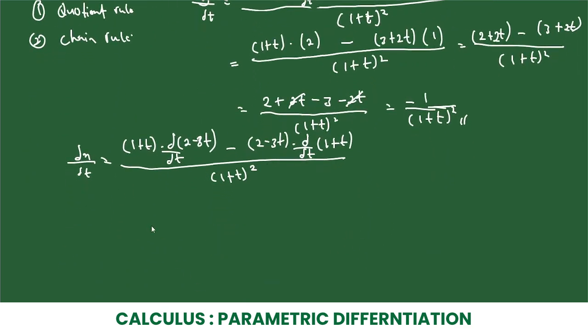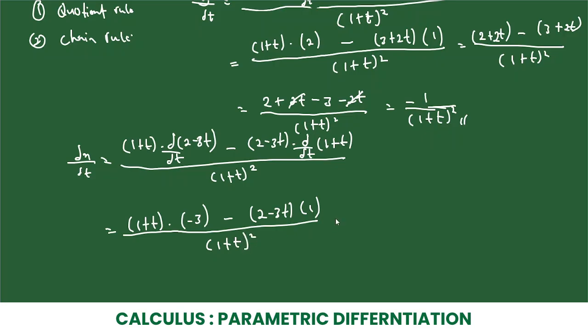So this is going to give us, okay, we maintain this, right, when you differentiate this, we are going to get minus 3. So this minus 2 minus 3t, and when you differentiate this, we are going to get 1. So all over 1 plus t squared.